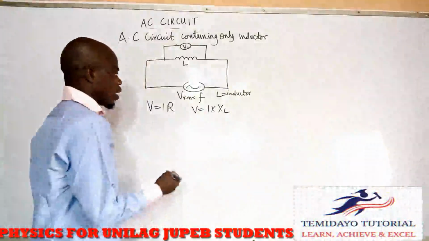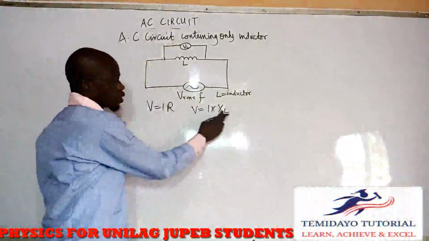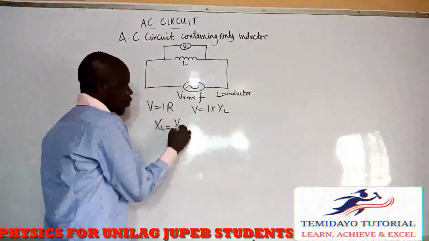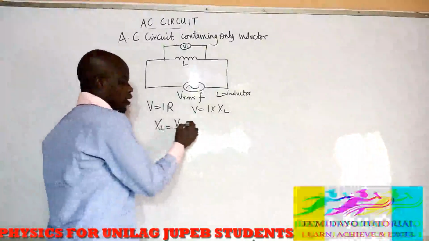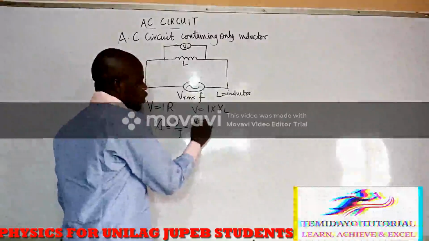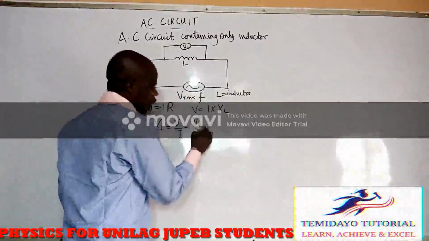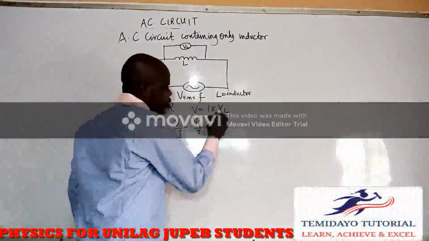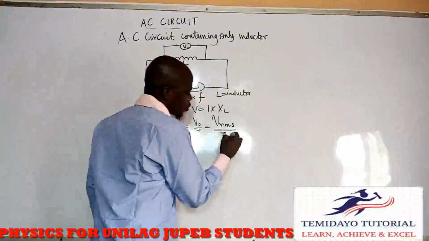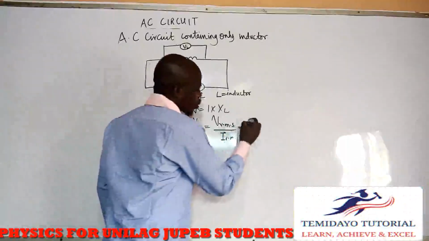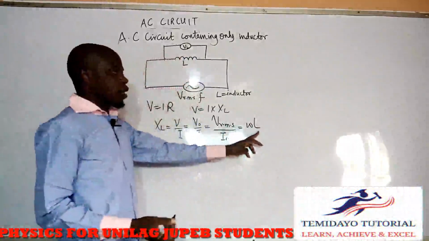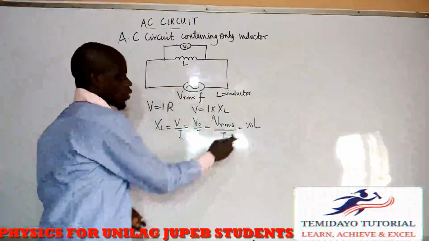Now, from there you can establish the fact that our inductive reactance, XL, is equal to V over I. And we have established that in an AC circuit, this is the same thing as V naught over I naught, and the same thing as V root mean square over I root mean square, and it is equal to omega L. And what is our omega?